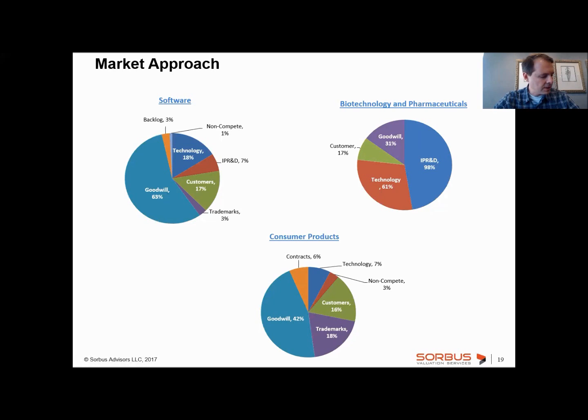Yeah, so what about tax implications? Under US tax, all of the excess consideration, regardless of what type of intangible it is, goodwill or technology, all gets amortized over a 15-year life. So what we do doesn't really have a direct relevance to your US tax in any way, shape, or form. Now, where it does matter is when the acquisition that you make is of a foreign entity.